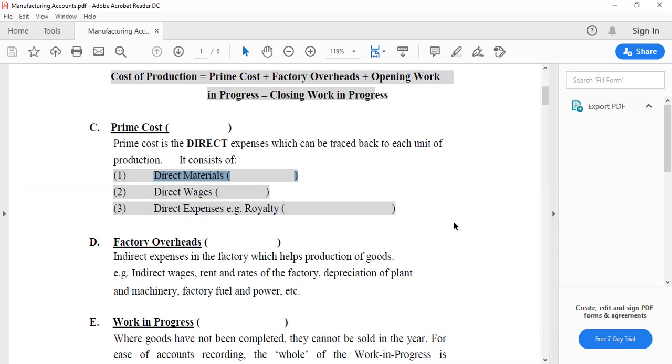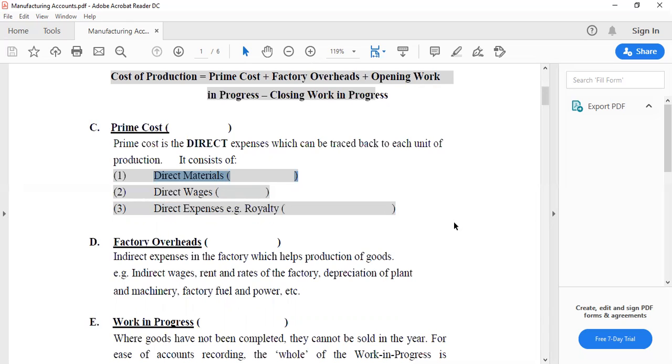We've said that prime cost is a direct cost which can be traced to the final output. Let's use a loaf of bread as our example.